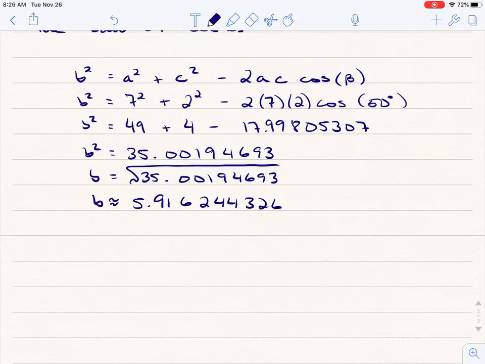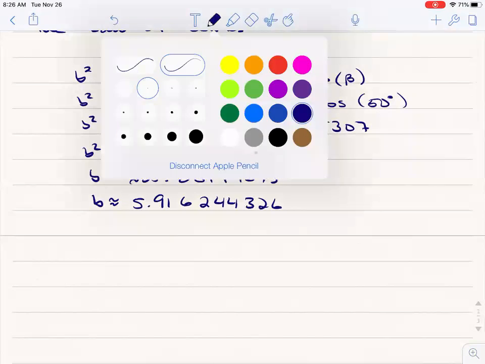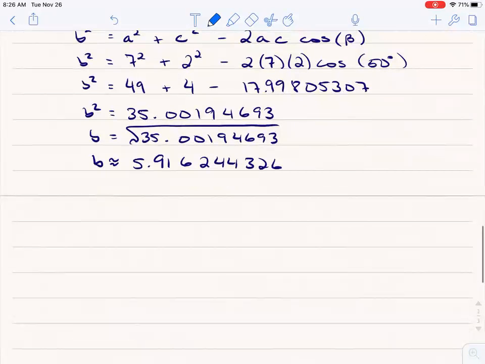Notice that your calculator didn't give you the exact answer, right? It's because it has the cos of 50 in there. As an exact answer, B is the square root of 49 plus 4, which is 53, minus 2 times 7 times 2, which is 28, cos 50. Right.